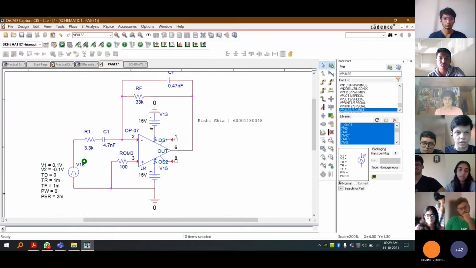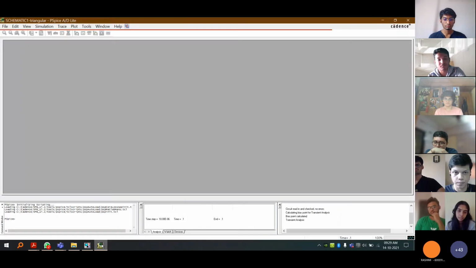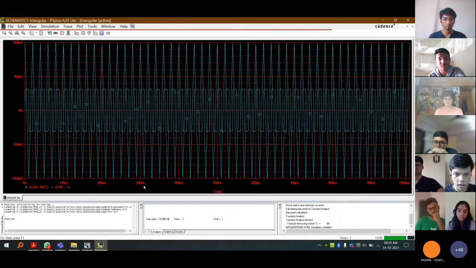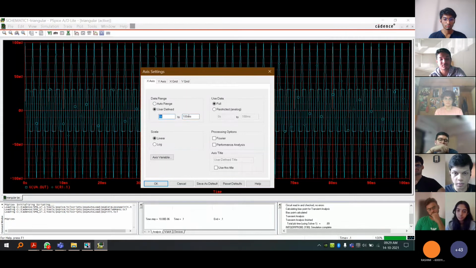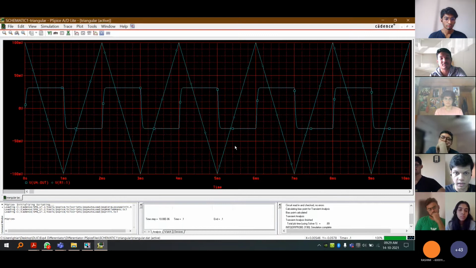And we can put in our voltage probes here and see what we get. Okay, so there we go. I'll change the timing here a little bit. Let's make this 10 milliseconds. There we go. Perfect. So we can see pretty clearly that we have our input triangular waveform.